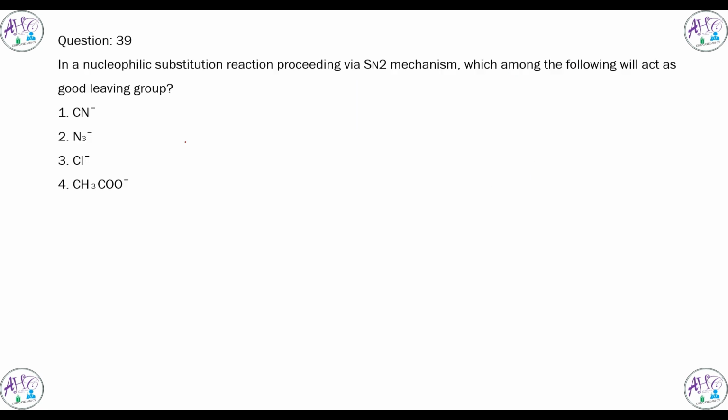39th question. In a nucleophilic substitution reaction proceeding via the SN2 mechanism, which among the following will act as a good leaving group? Let's try to understand. If you have a compound with a leaving group like this, and a nucleophile, you need a good nucleophile.